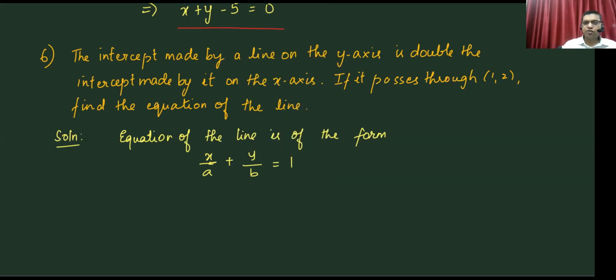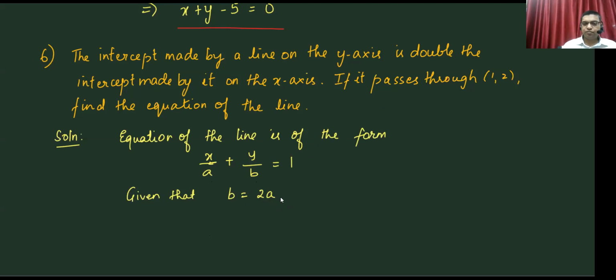Because the question is on intercepts, the relationship between the two intercepts, you take the double intercept form, x by a plus y by b equal to 1. What is given to us is that the intercept on the y-axis is double the intercept on the x-axis. So the y-intercept is twice that of the x-intercept. So this is what is given.